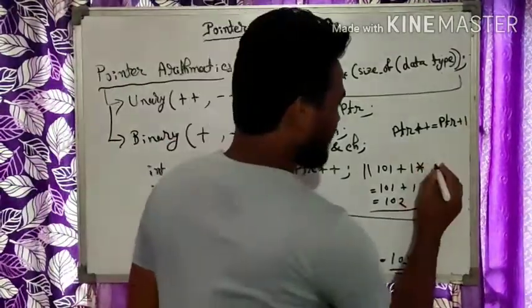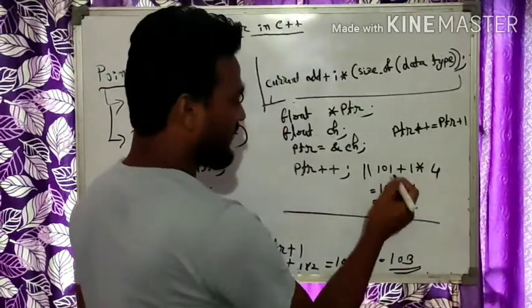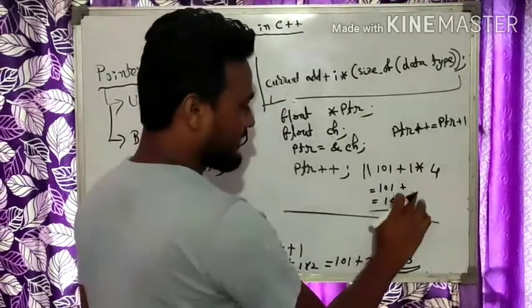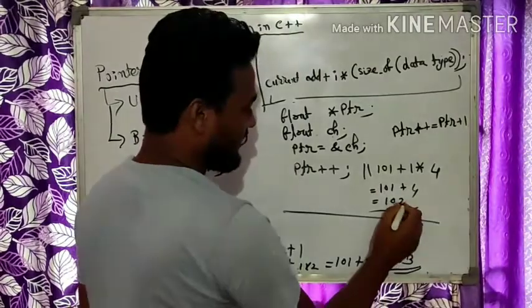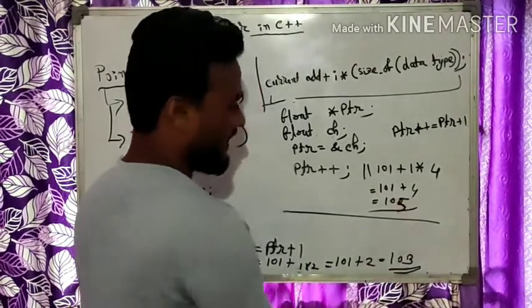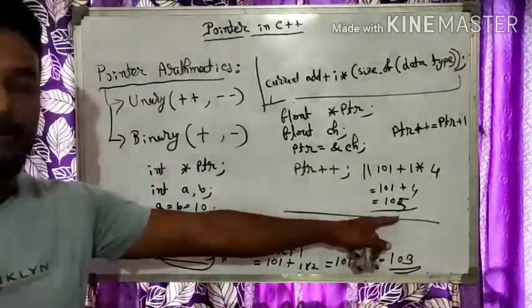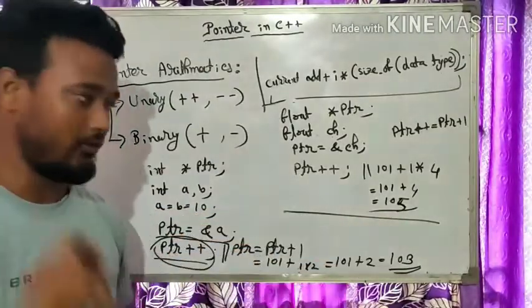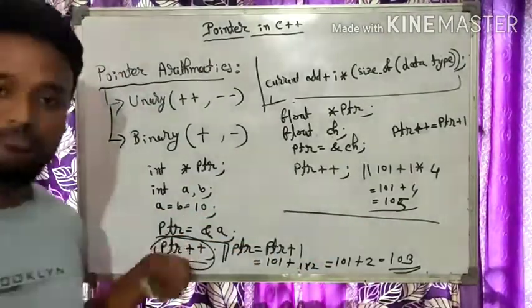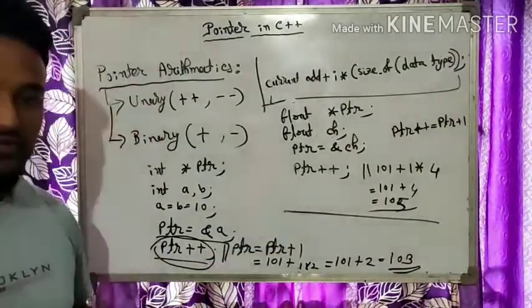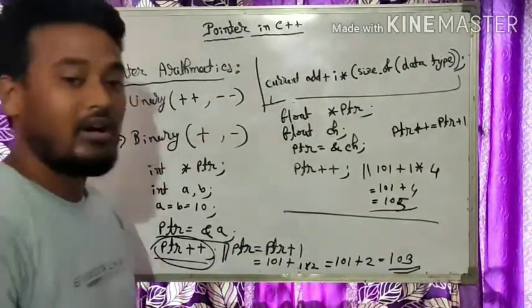So it will be multiplied with 4. So 4 into 1 added to the current memory address, you will get 105. So you can see here it is incrementing by 4. Here it is incrementing by 2 bytes. In terms of character, it is incrementing by 1 byte.